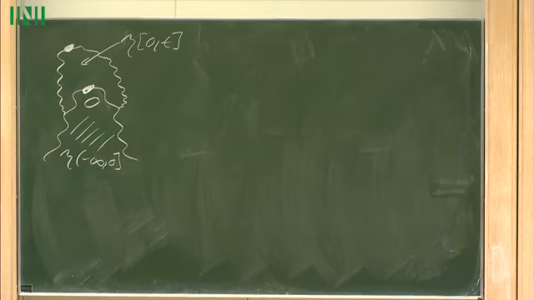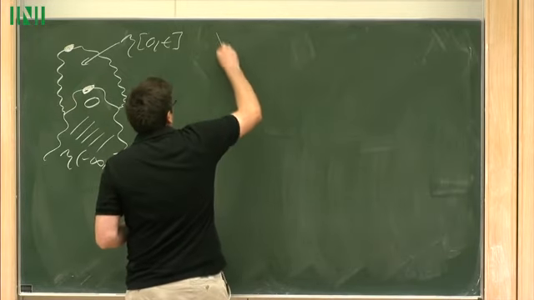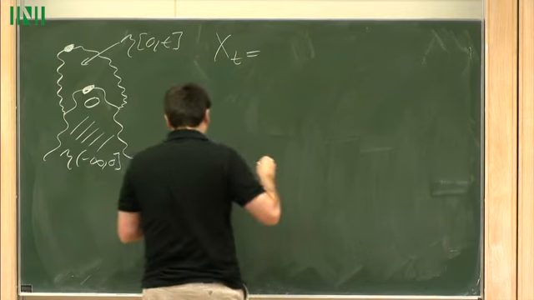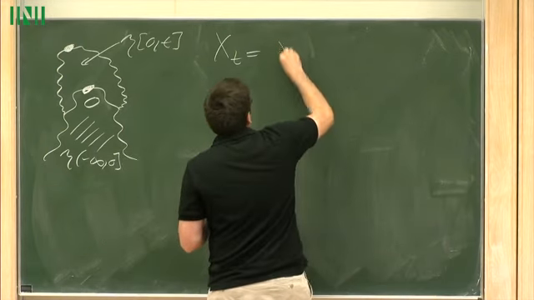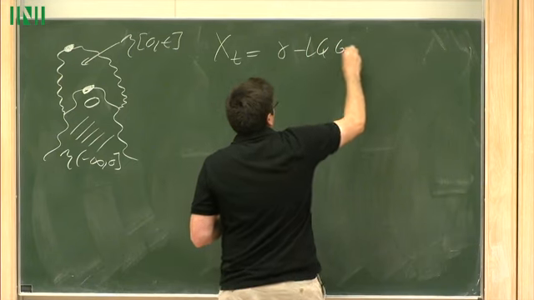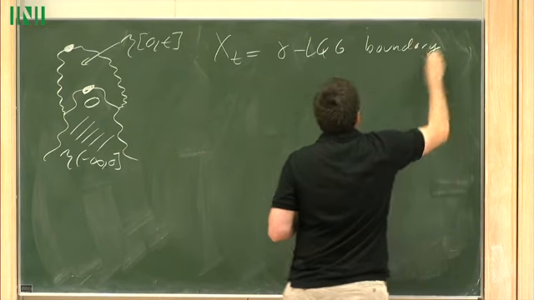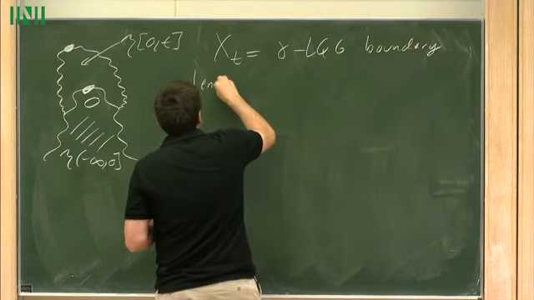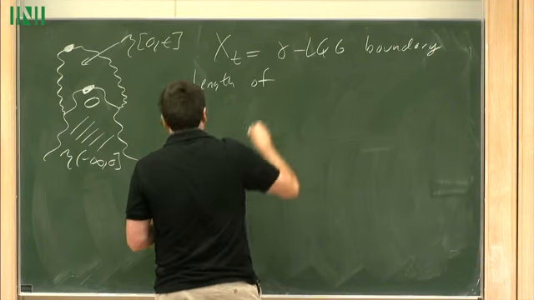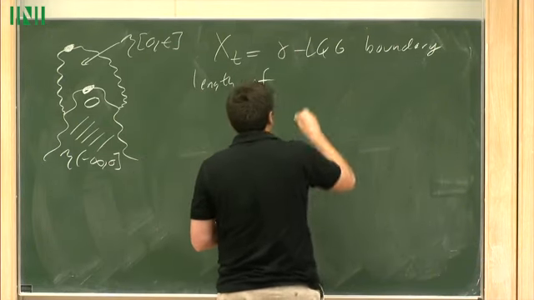And then what we're going to do is look at how the boundary lengths, the Liouville quantum gravity boundary lengths of this SLE, are evolving. Okay? So x sub t is going to be the gamma Liouville quantum gravity boundary length of the left side of the curve.